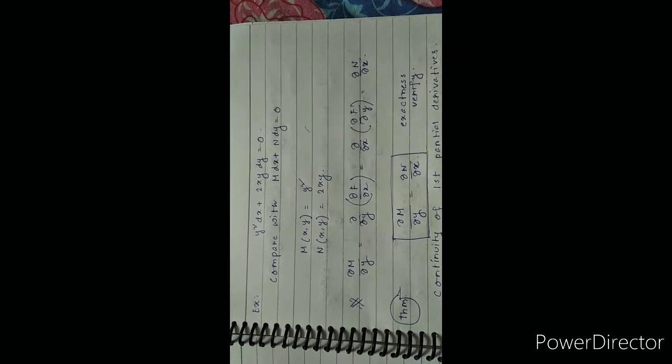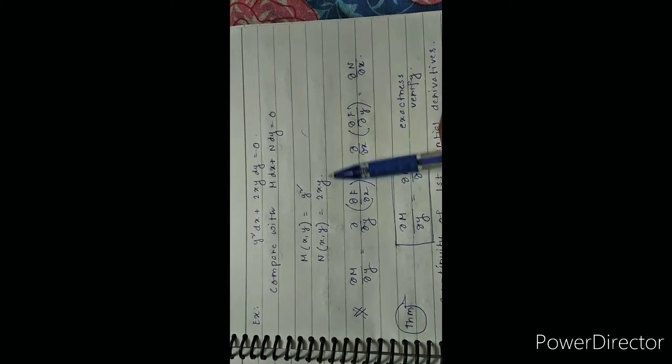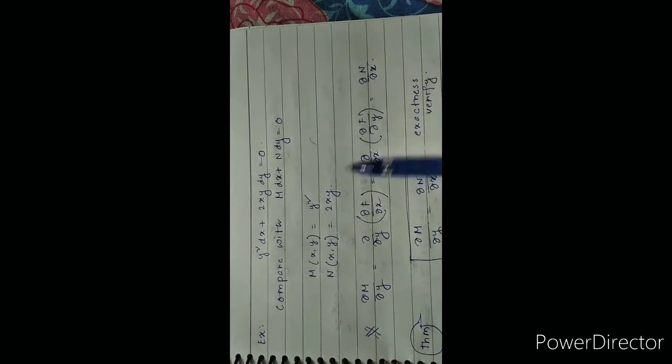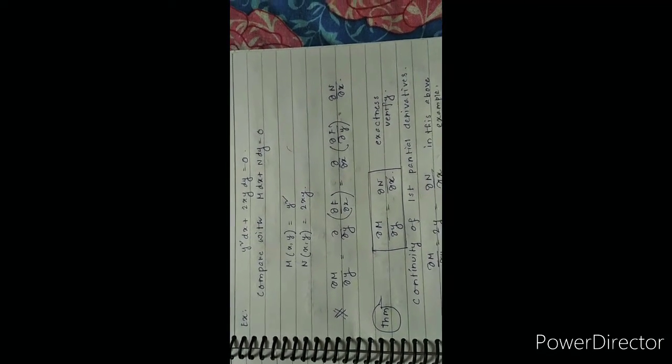There are certain underlying conditions for which this interchange of x and y is possible: it requires continuity of the first order partial derivatives of the function f.